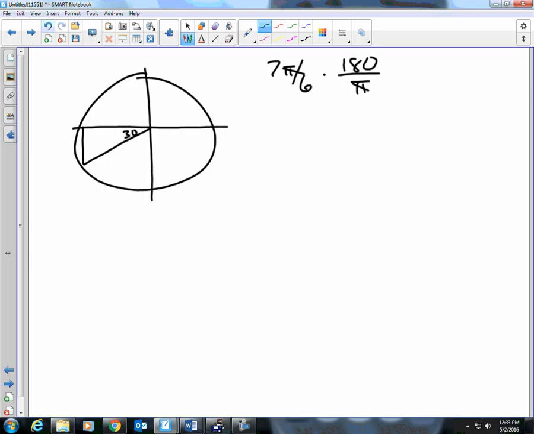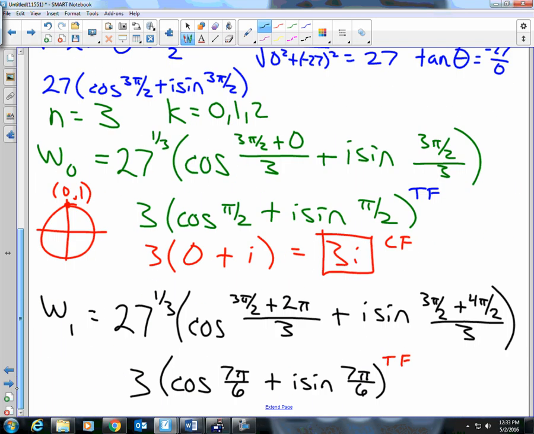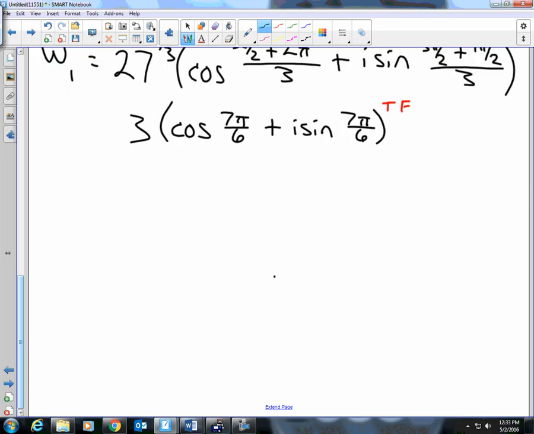So you can see that you have what type of angle made? 30, 60, 90 triangle. What is the terminal point of that angle? Negative root 3 over 2, negative 1 half. So therefore, we now know these exact values. What is the cosine of 7 pi over 6?